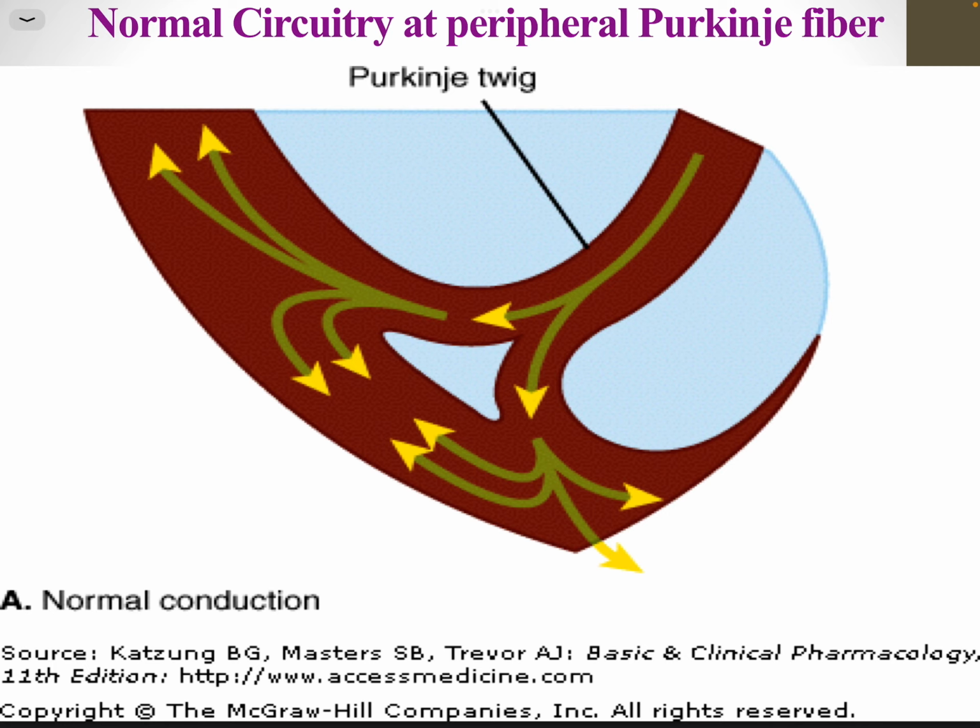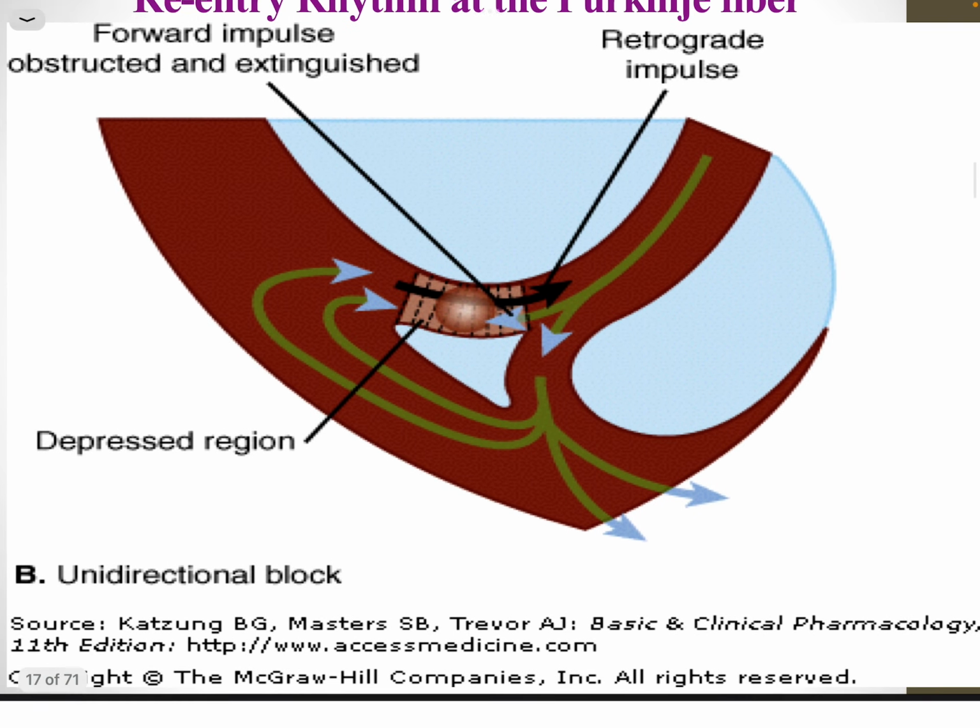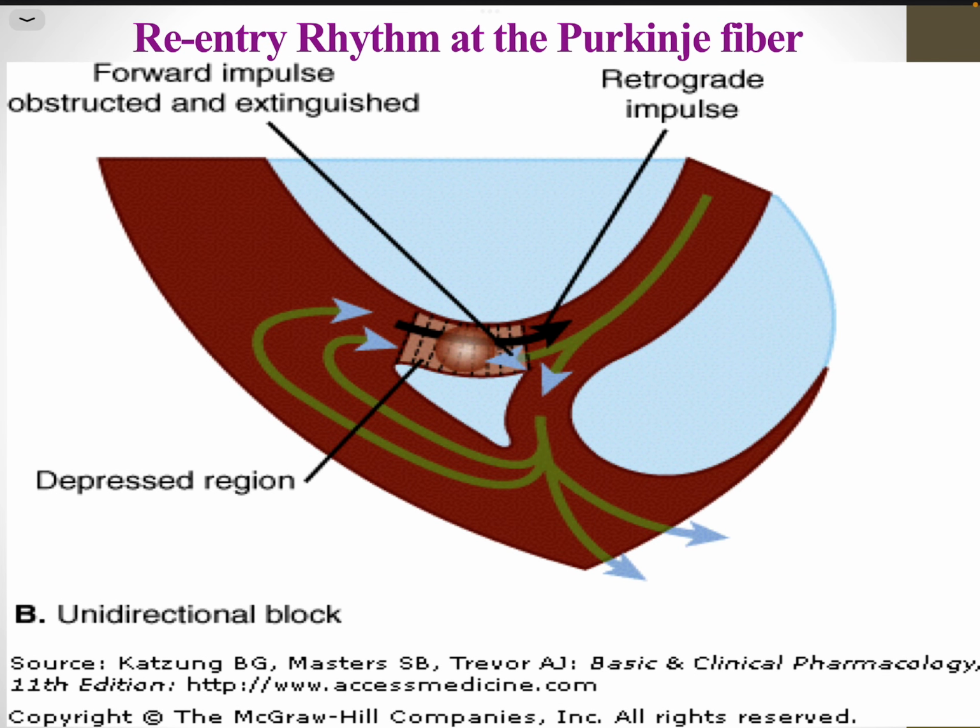We're going to have a problem if we have a diseased area, so let's say I have a scar in the heart. A scar can be due to trauma, surgery, or previous infarction. So the patient had a previous history of infarction, so I have a dead or ischemic area there. Here, the conduction will not go normally. I have this area being blocked. It might not be completely blocked, but the speed of conduction in that area is going to be slowed, and in the other area it's going to go faster.